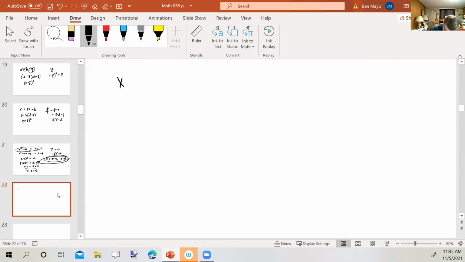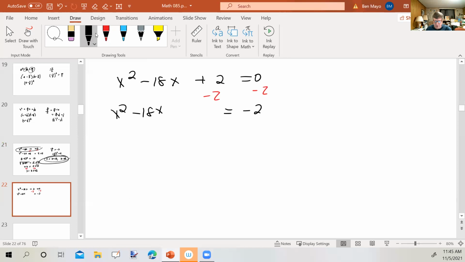This says x squared minus 18x plus 2 equals 0. So I'm going to start out by moving the 2 to the right side of the equation. X squared minus 18x equals -2. I'm going to take the coefficient of x, cut it in half, square it, and add that number to both sides of the equation.